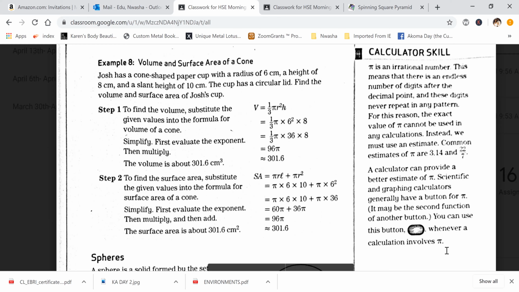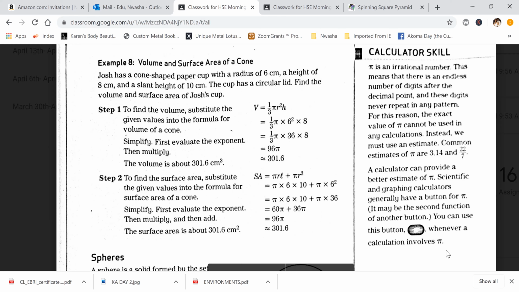Find the volume and surface area of Josh's cup. The reason they're telling you that it has a circular lid is so that you count it, right? Because with a cone-shaped cup, there would be no circle to count. But they're giving you the information that the cup has a circular lid so that you count it.